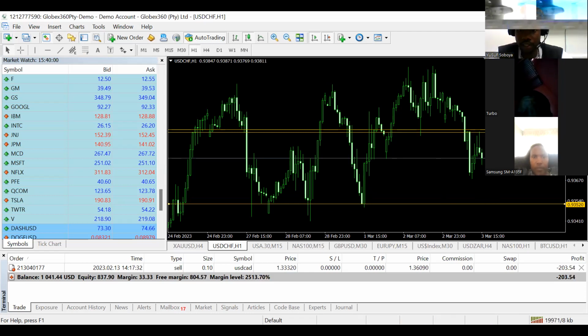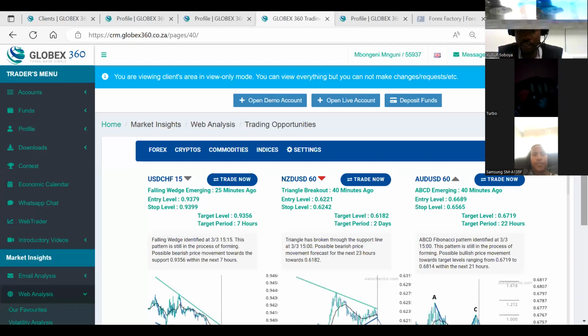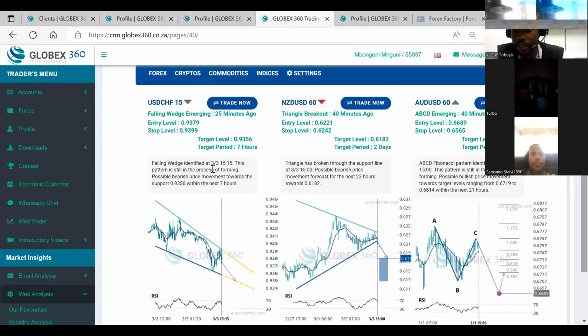Now, if we go again and read what exactly the information says, right? What does it say on that trade? It gives us all the information, it gives us the open level, the stop level, the period, but it says falling wedge identified at 3,3, 15, 15.